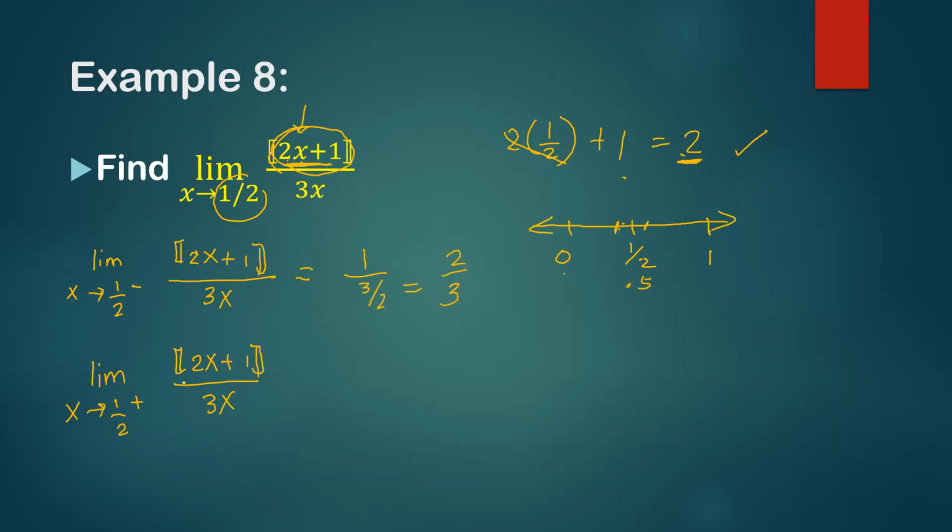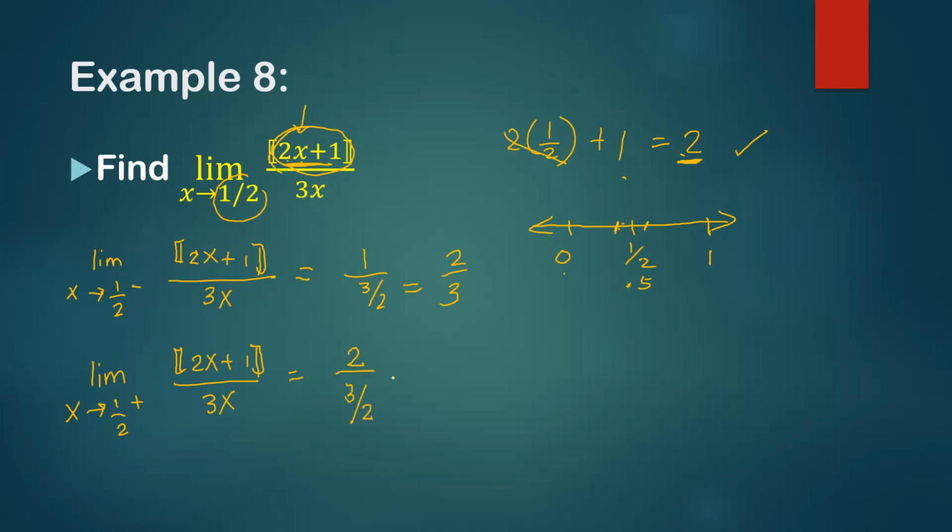Okay? So, dito naman, consider natin yung 1/2, no, na nasa positive side. So, ayun naman, 2 times 1/2, 2 times 0.5001 will be 1 point something, plus 1, that will be 2 point something, and the greatest integer of that is 2. Plus 3 times 1/2 is 3/2.